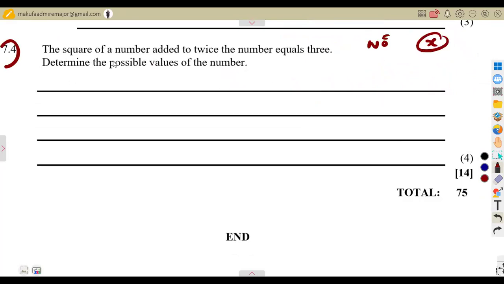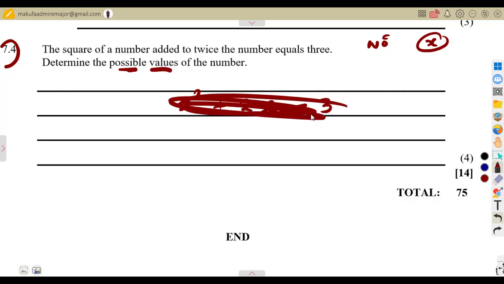So the square of a number added to twice the number, twice, two times, the number equals 3. Determine the possible values. It's not only a value, but there are values that can be possible for this.